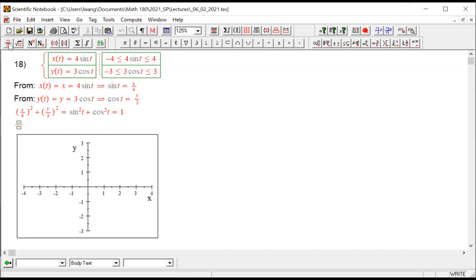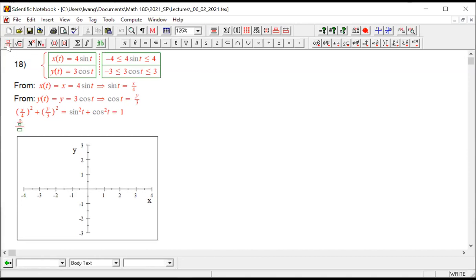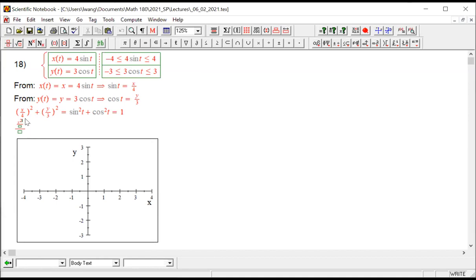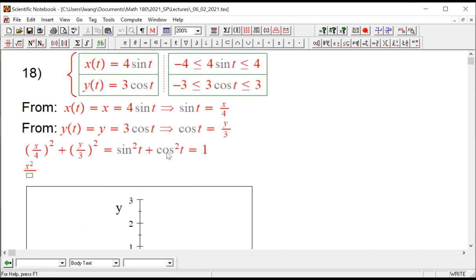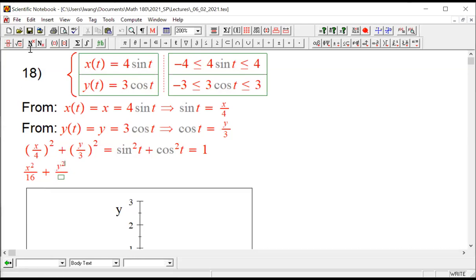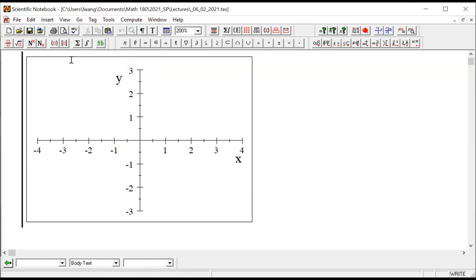And this will give us the ellipse. So x squared over 16 plus y squared over 9 equals 1.